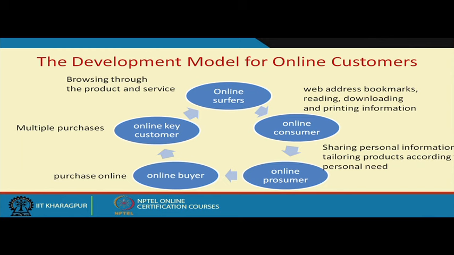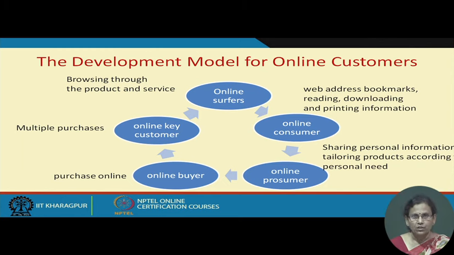Now, let us try to understand how exactly to track the customers, and you remember that model: first getting the attention of the customer, creating interest, then creating the desire to buy the product, and finally making them actually buy the product. So, conceptually the same idea we now discuss.